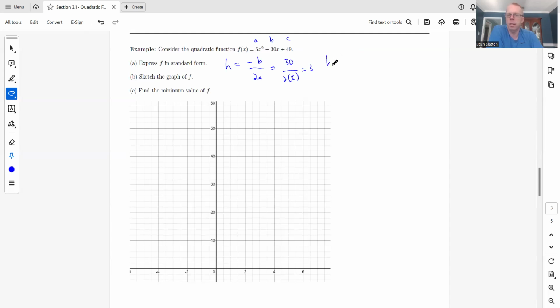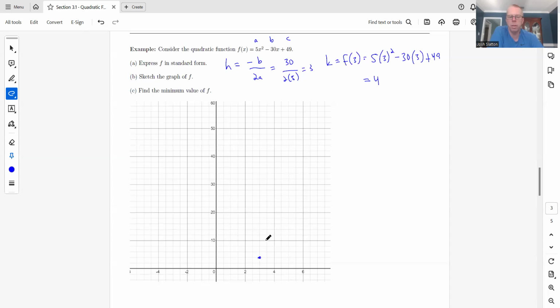Then plug that in to f, and we can get k. So 5 times 3 squared minus 30 times 3 plus 49, and we get 4. So our vertex is 3, 4.